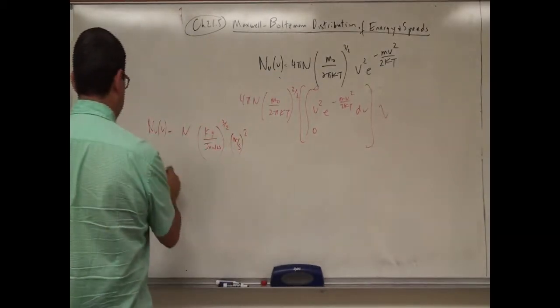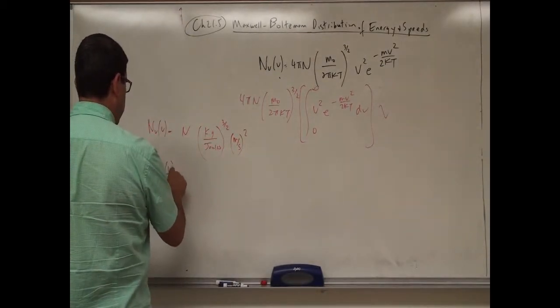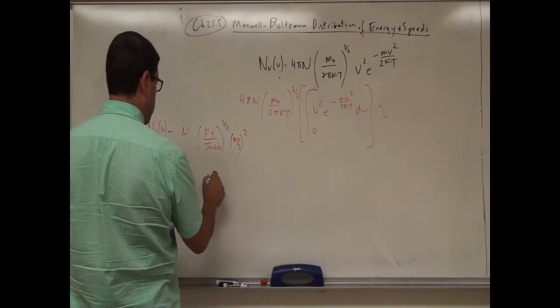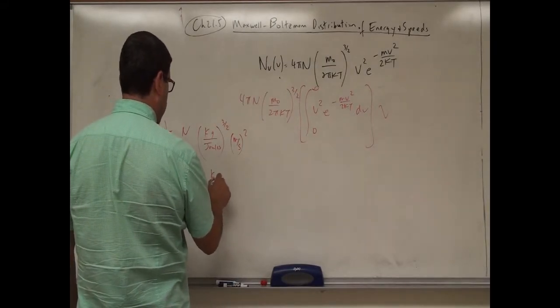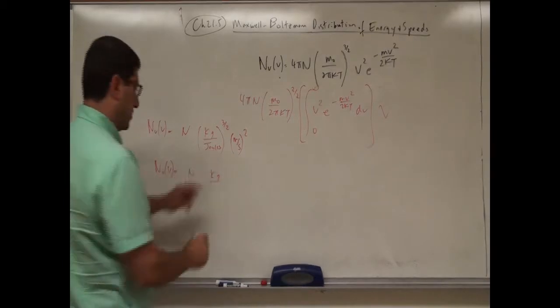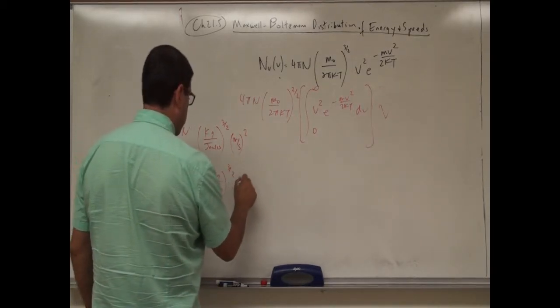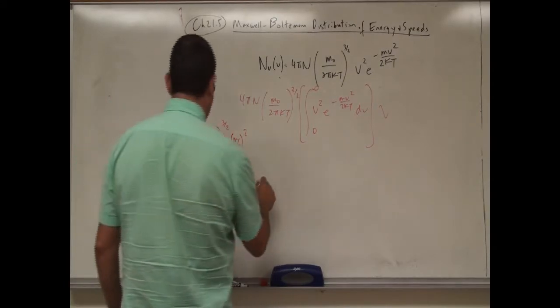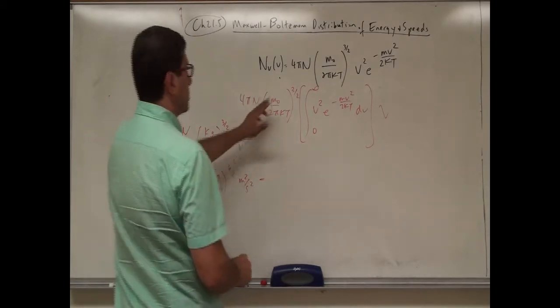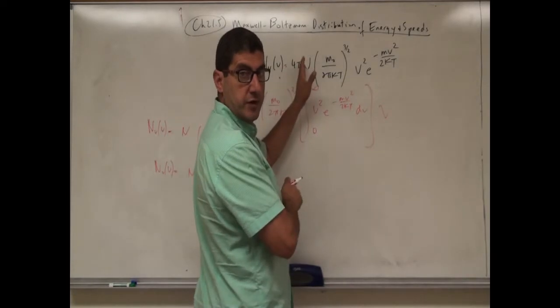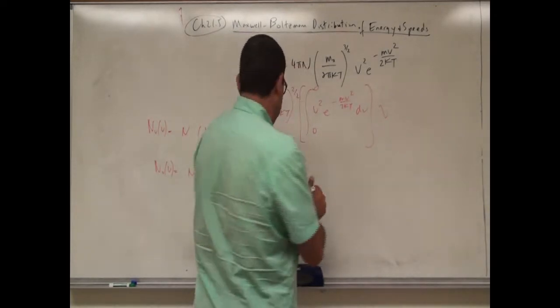So let's see what the units of this is. N(v), then you have here N, then you have here kilogram. Of course, the units of joules are what? Newton meter to the 3/2, meter squared over second squared. Then we have here N is just the units of this constant, which we want to see what it is, right?